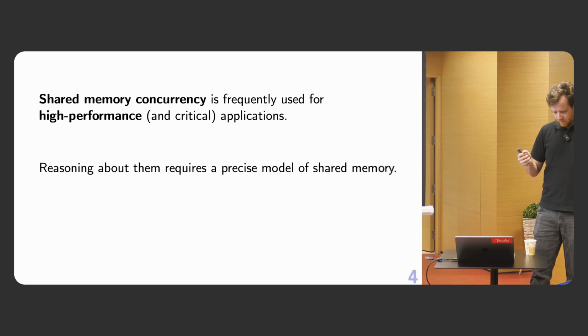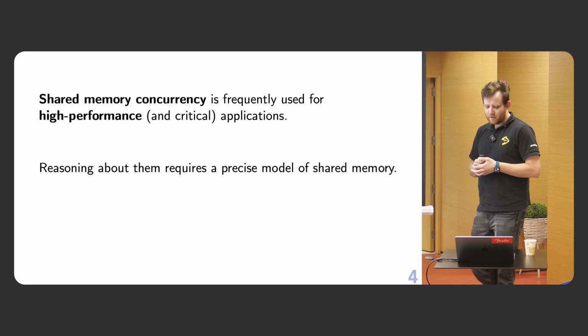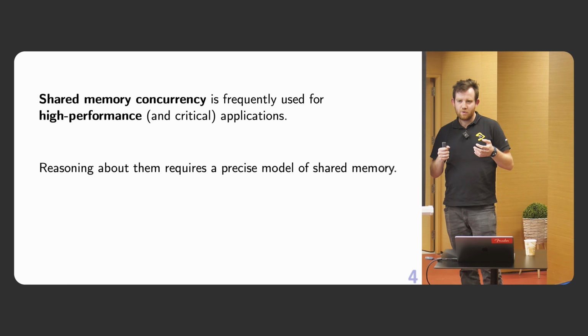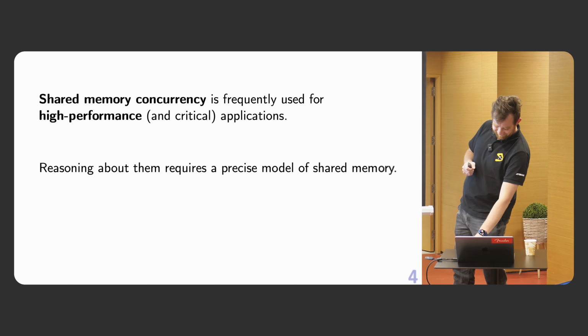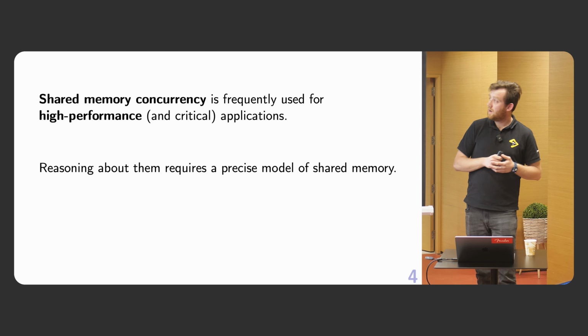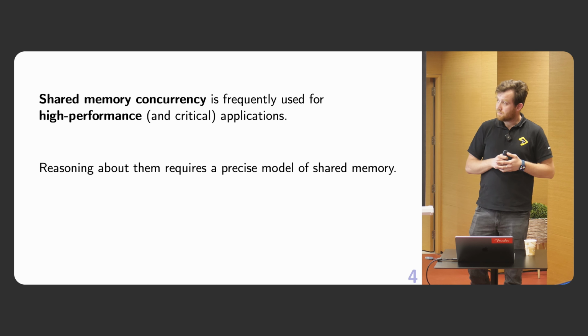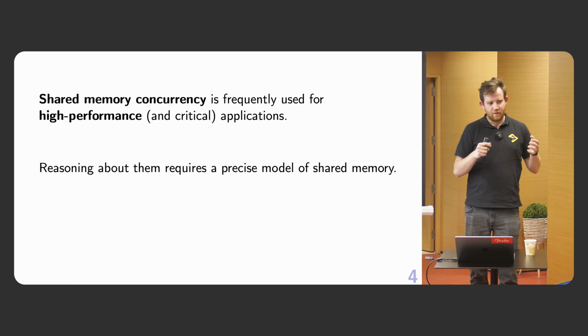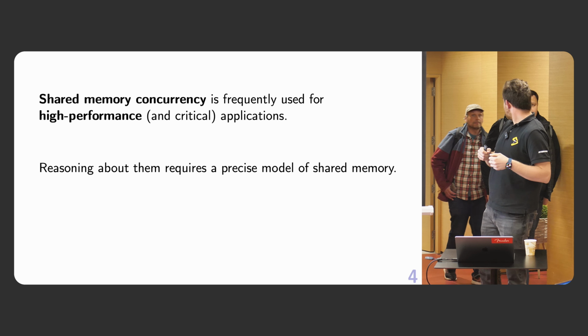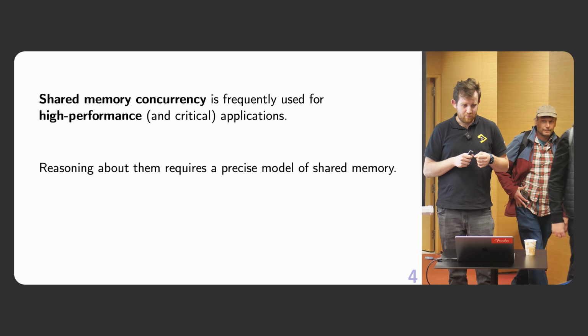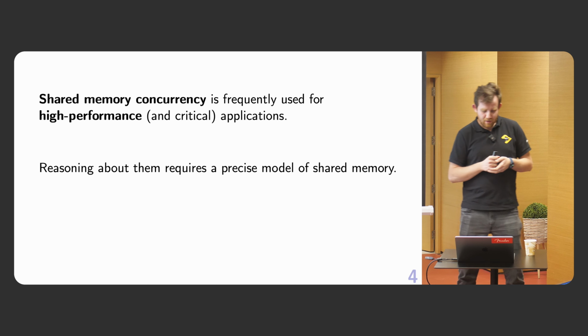Why is that? Because it's one of the main approaches to increase the performance of your code. If you want to write very performant code, you from time to time need to get to shared memory concurrency.